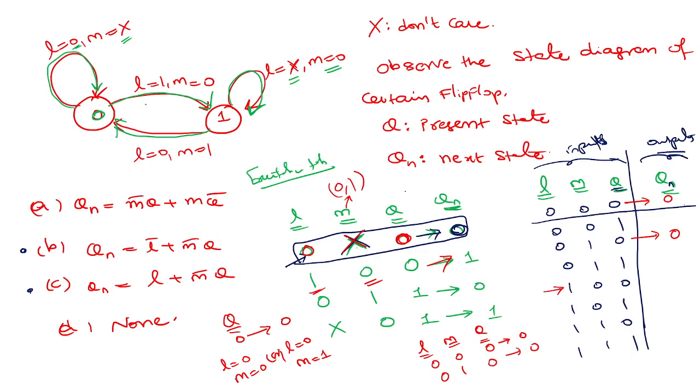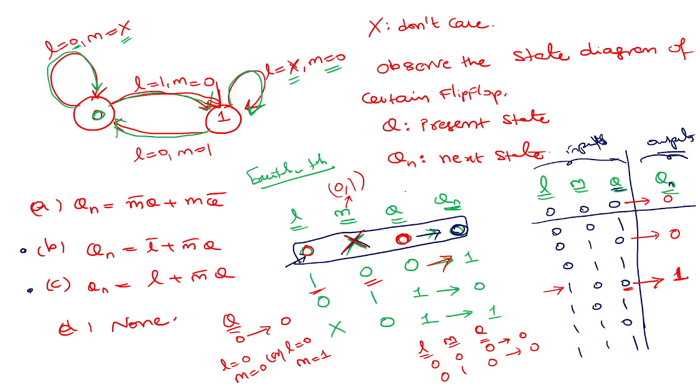Right. When there is L equal to 1 and M equal to 0, then you will move from 0 to 1. If you have 0 as the present state.